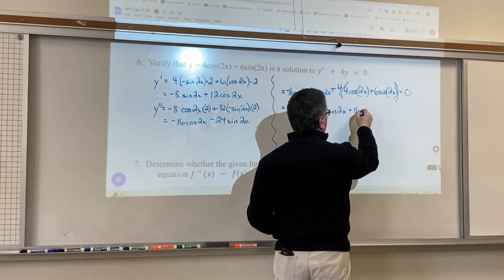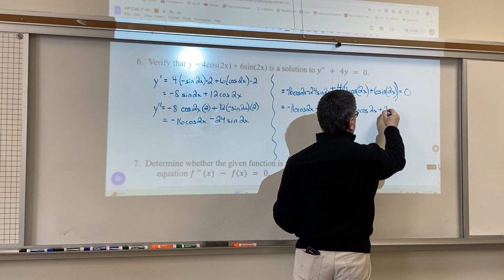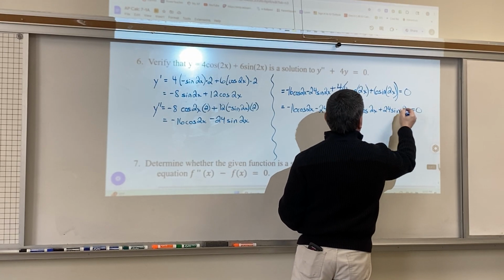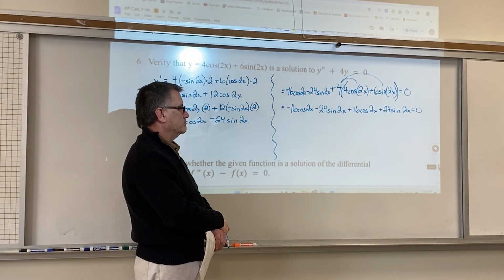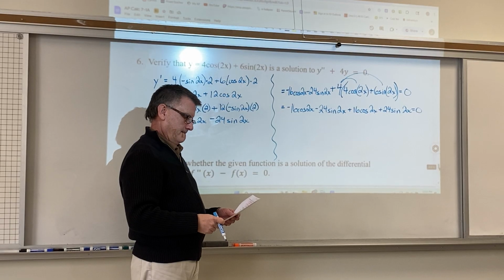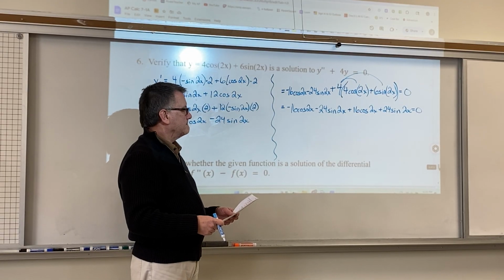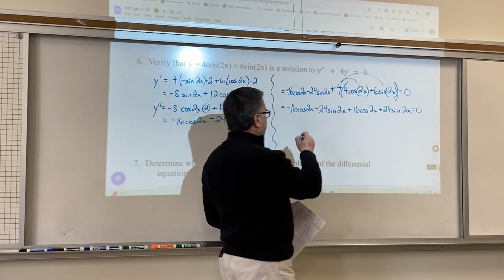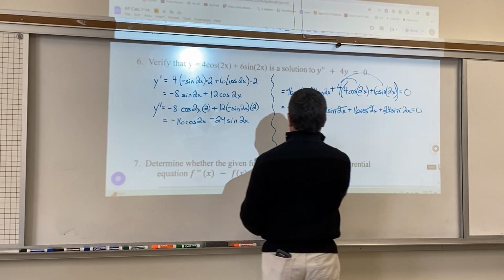That's 16 cosine 2x and plus 24 sine 2x. What do you notice? They cancel out each other. Minus 16 plus 16, minus 24 plus 24 equals 0.